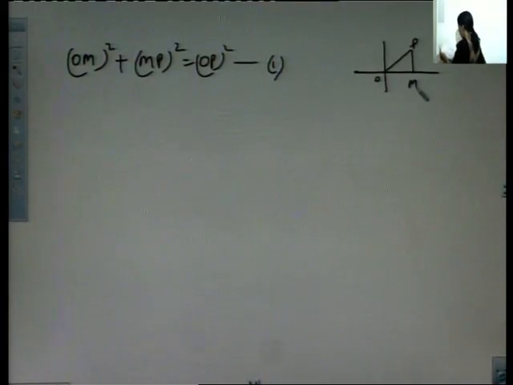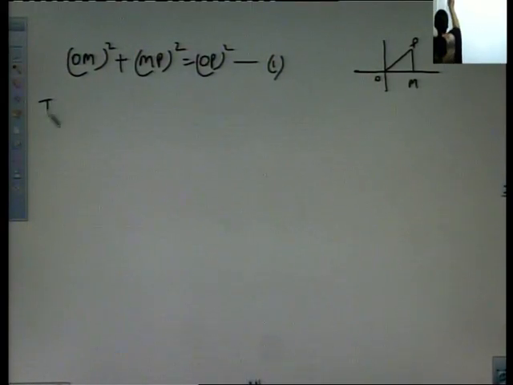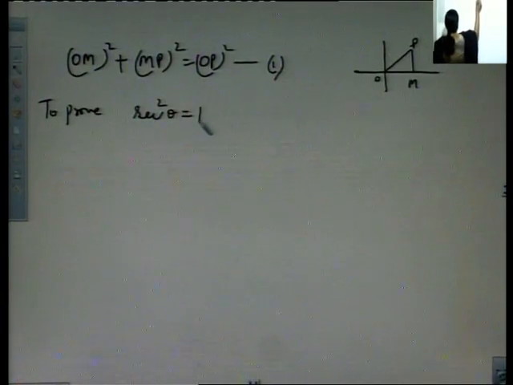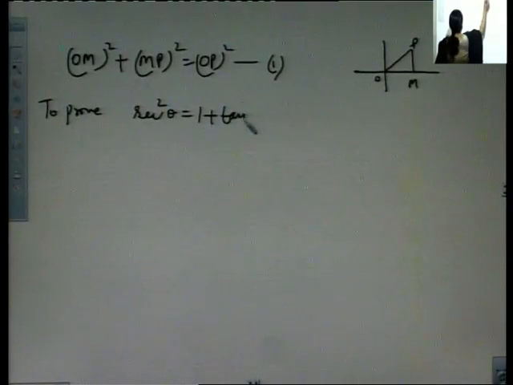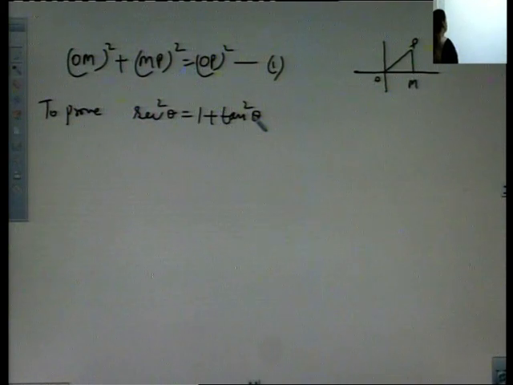Now, we have to prove secant square theta is equal to 1 plus tan square theta. To prove this relation, we have to divide equation 1 by OM square.